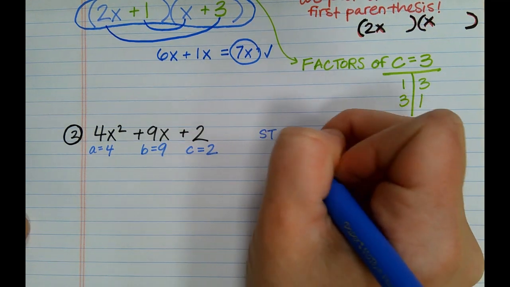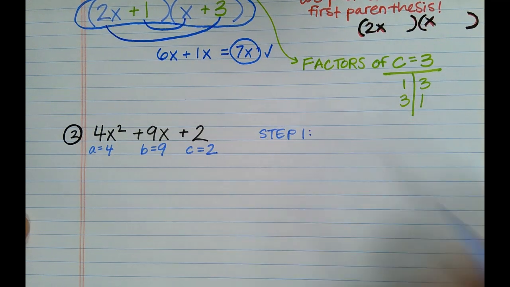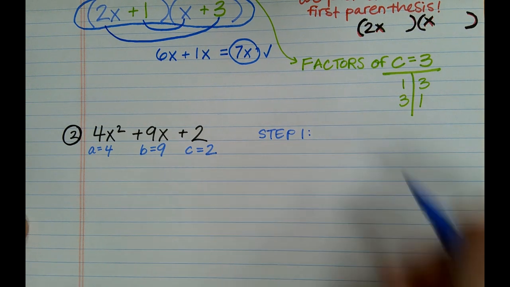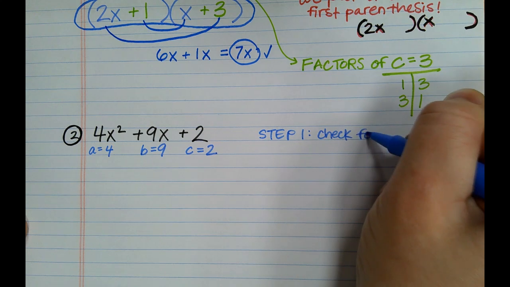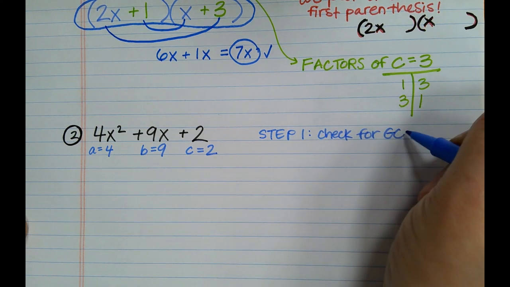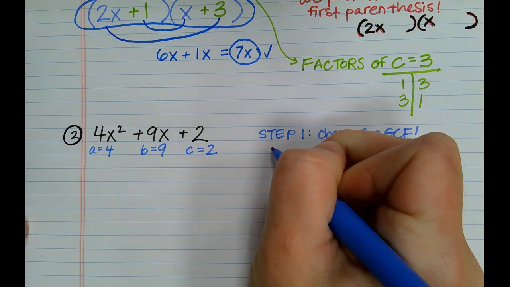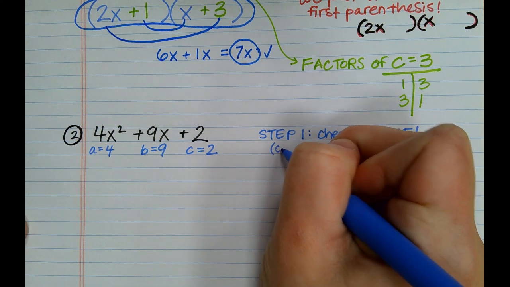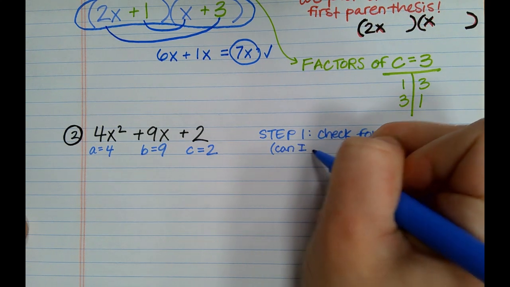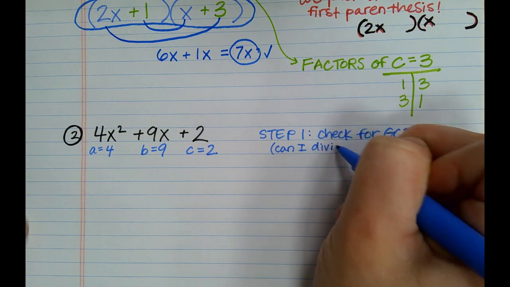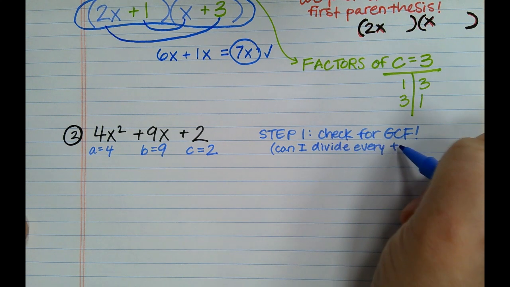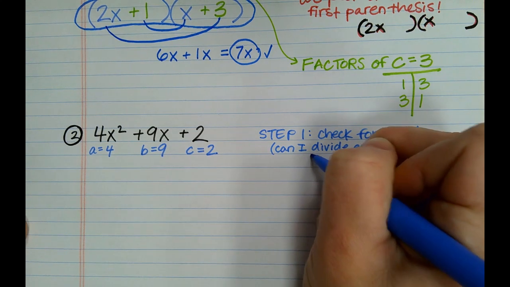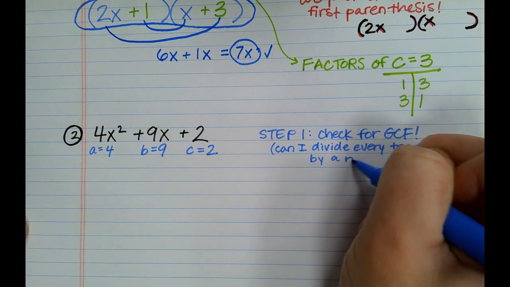So step 1, check for GCF. Can I divide every term by a number?